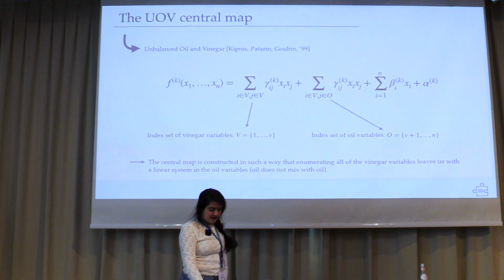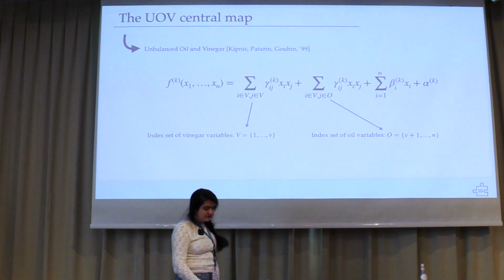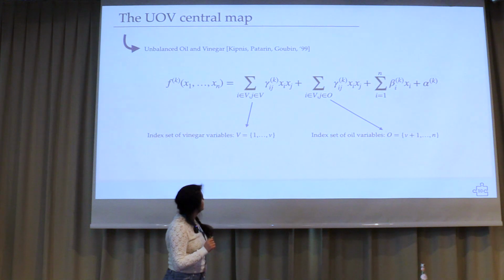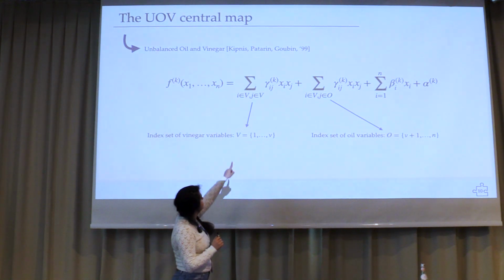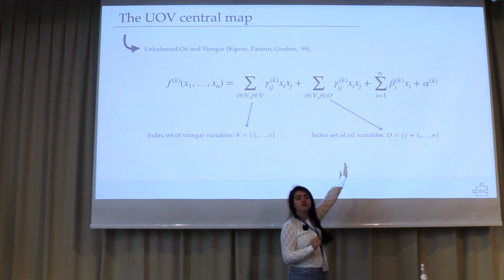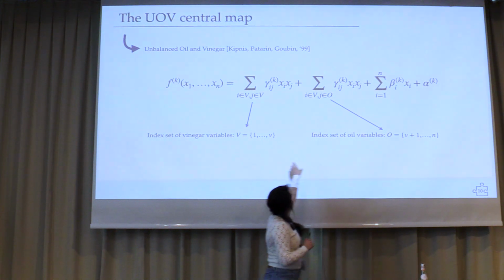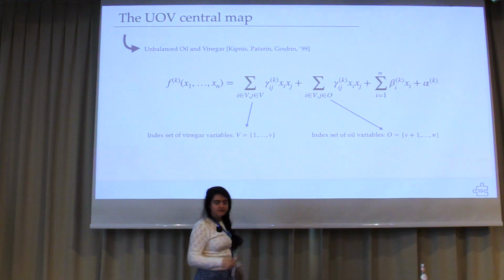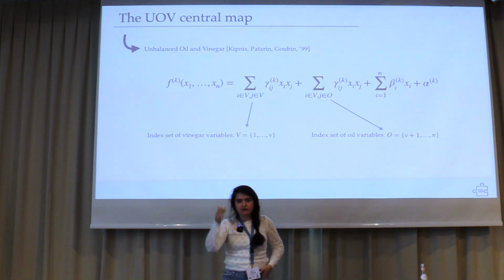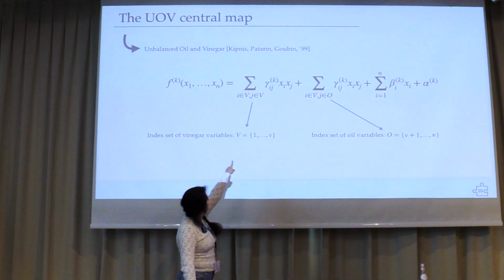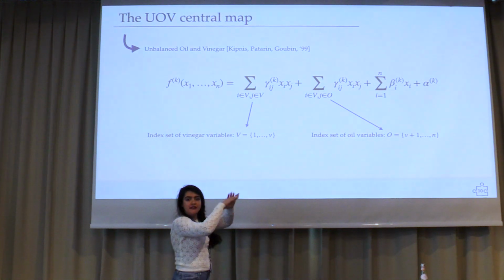You still need to set this up properly. The way that UOV does it is that you need to have as many equations as oil variables. That is convenient, and you have even more vinegar variables. So when I have o oil variables and o equations, and I enumerate all of the vinegar variables, I'm left with a linear system of as many equations as variables.